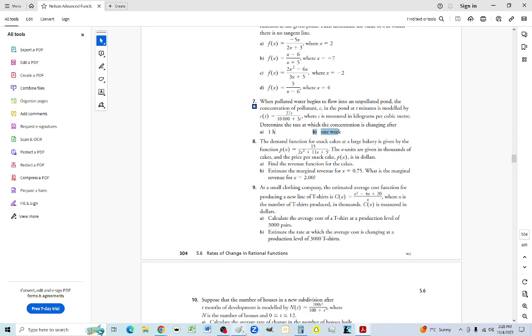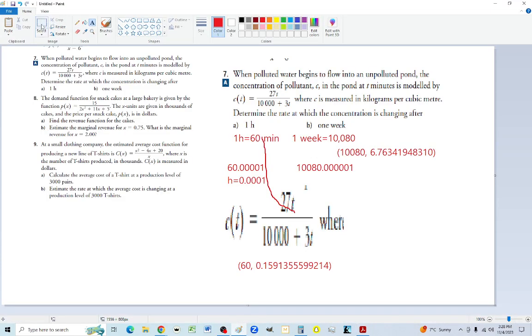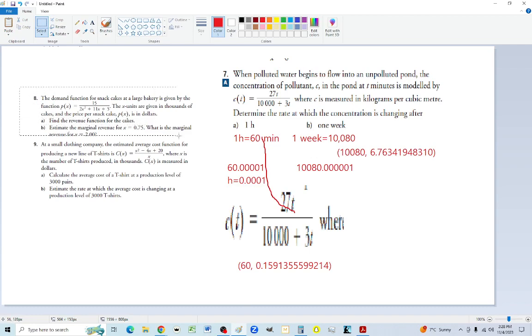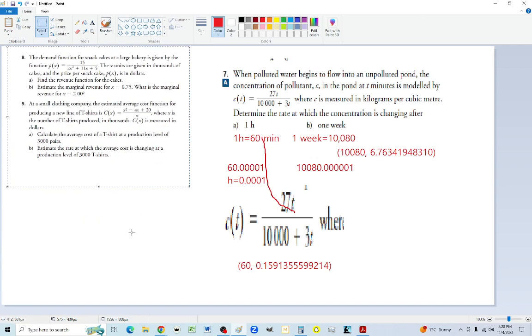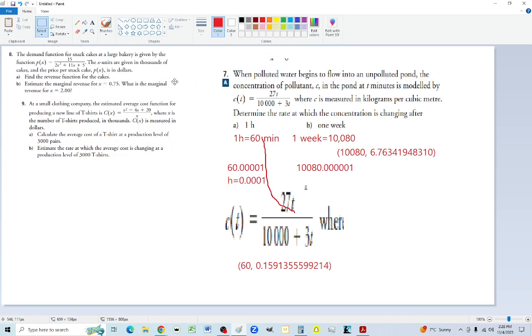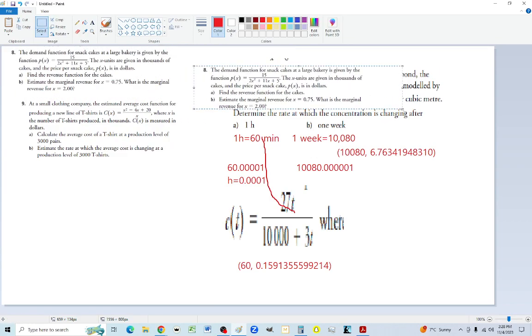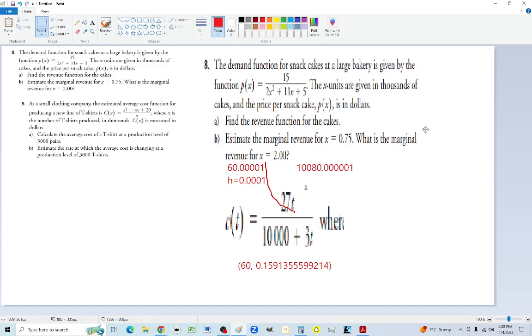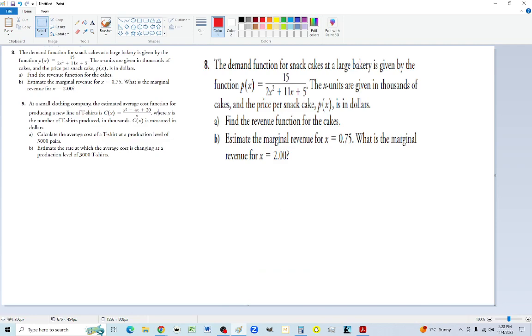So a demand function, number 8. Demand is just when people want something. So the demand is represented by a number over a quadratic, which means y equals 0 is going to be the horizontal asymptote.